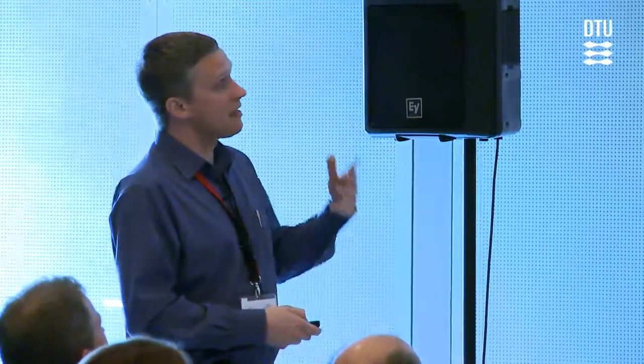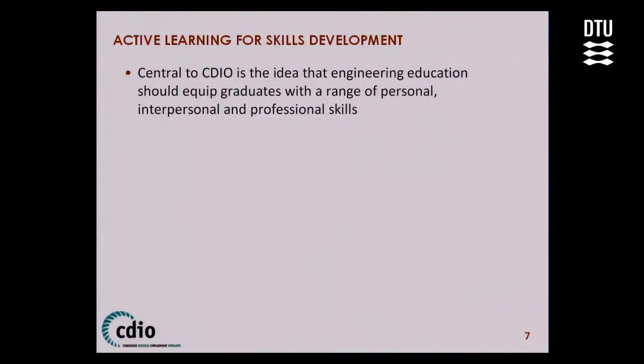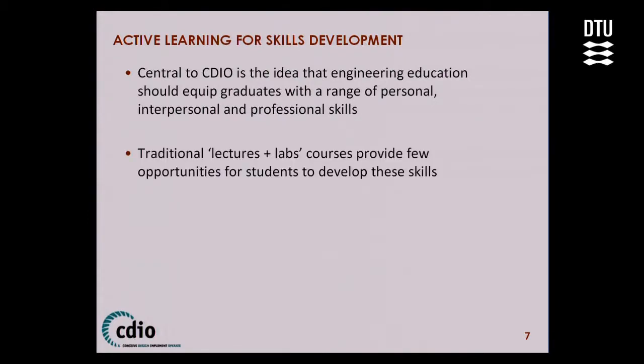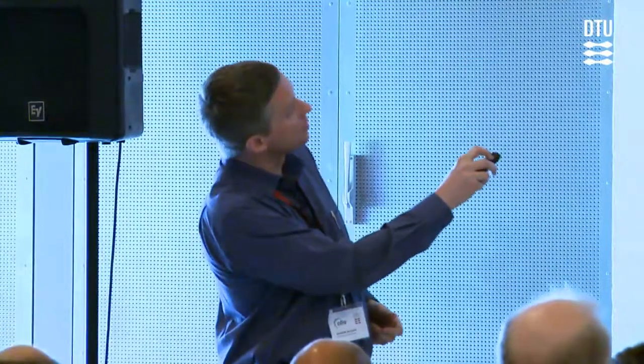So, central to CDIO is the idea that educating engineers, we should equip our graduates with a range of personal, professional skills. Unfortunately, traditional lectures and labs, you know, where we stand and talk and then the students go and do a laboratory which they don't really understand and then they come back and listen to a bit more lecturing, it's not very effective at giving the students those opportunities to develop these sort of professional skills.